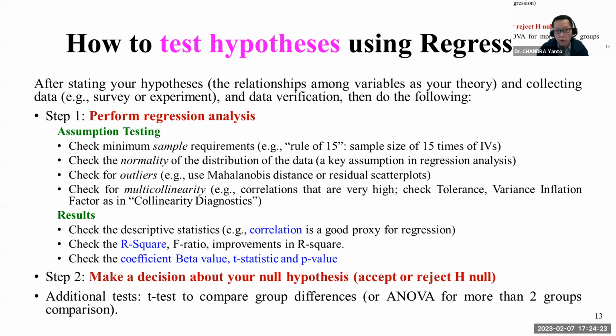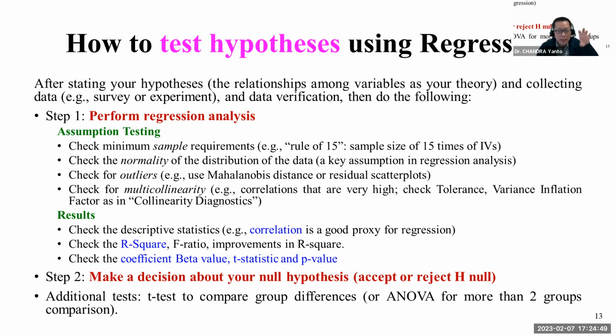So the first part is to check your sample. Do you meet the minimum sample requirement? That is always a very important part. I looked at much of the literature, and a lot of it talks about the rule of 15. What this rule of 15 means is that your sample size depends on how many independent variables you have to predict your dependent variable.